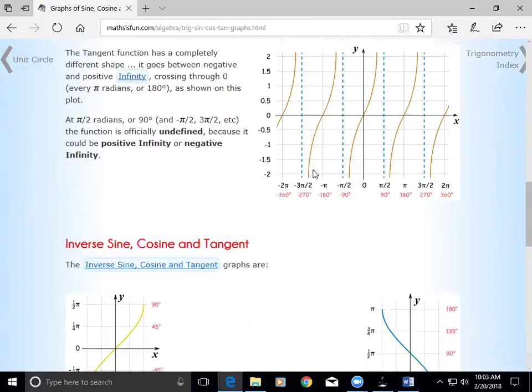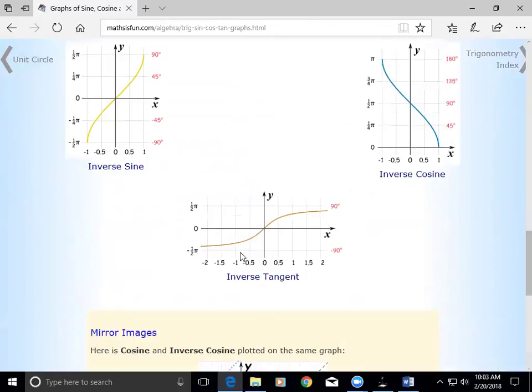So to get the correct values I need for tangent, I'm going to choose between -1/2 pi and +1/2 pi. So I'm going to go with quadrant 1 and quadrant 4 and just take one complete cycle in that inverse graph.